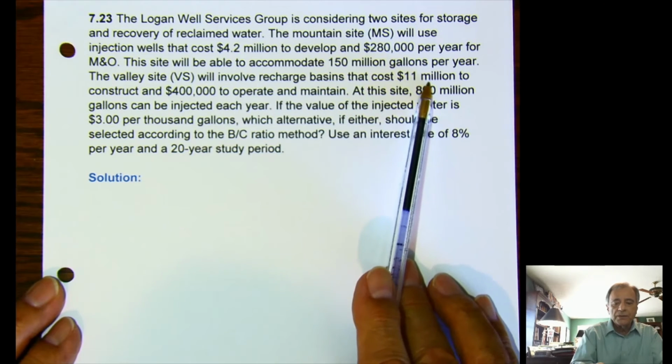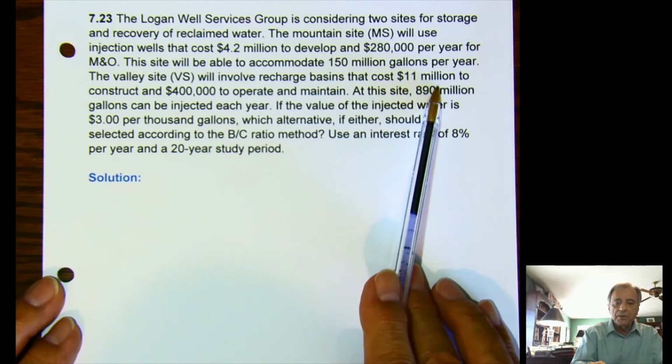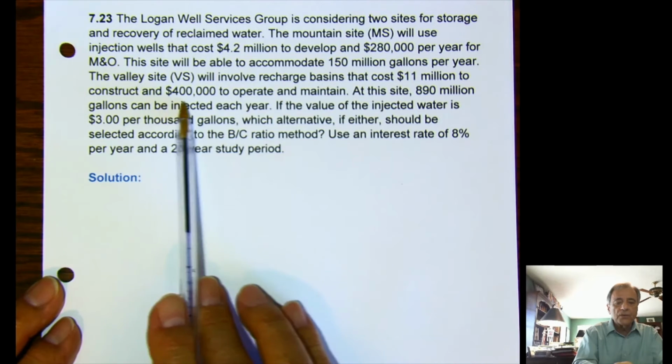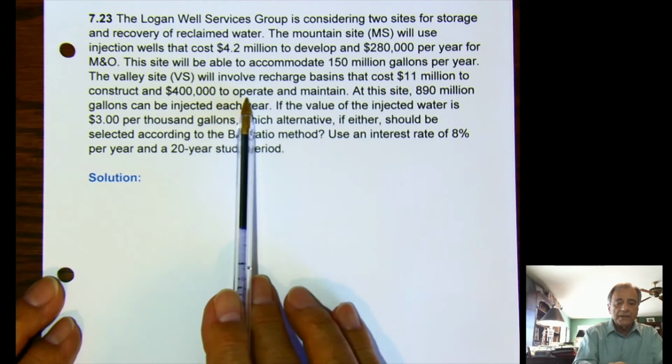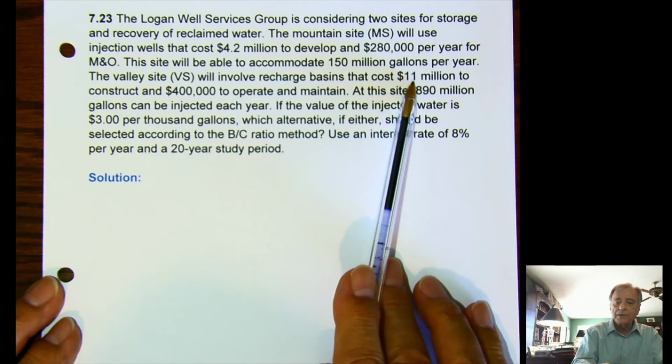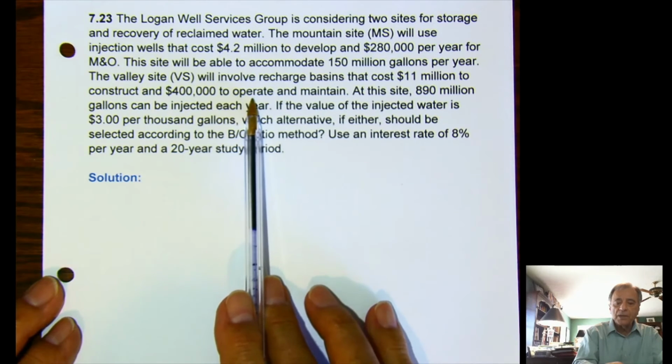So you can see the Valley site is much more expensive initially, at least, to construct, and $400,000 to operate and maintain. So it has both larger initial costs, larger M&O costs.